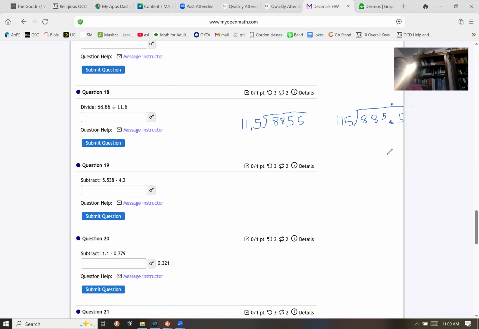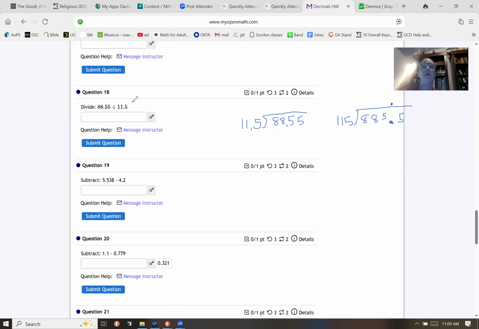Now I'm going to show you why you did this setup the way you did it. Why could you just move your decimal one place on both of those numbers to have it come out to be a whole number as your divisor? Well, again, we can put our decimals in terms of fractions.